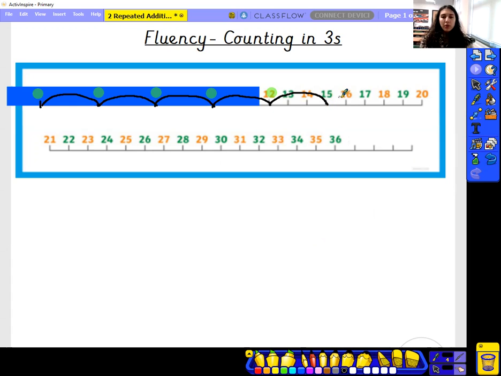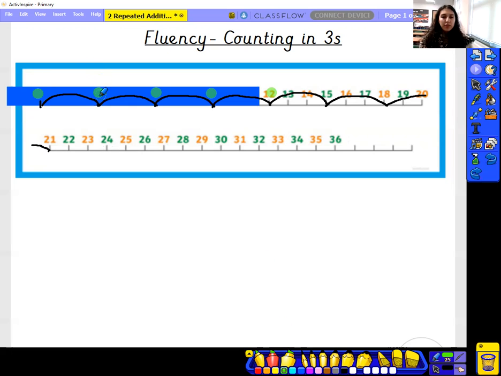Let's count 3 more. 1, 2, 3. Lovely, we would jump straight to 18. And what about 3 more after that? 1, 2, 3. That would take us straight to 21. Super.